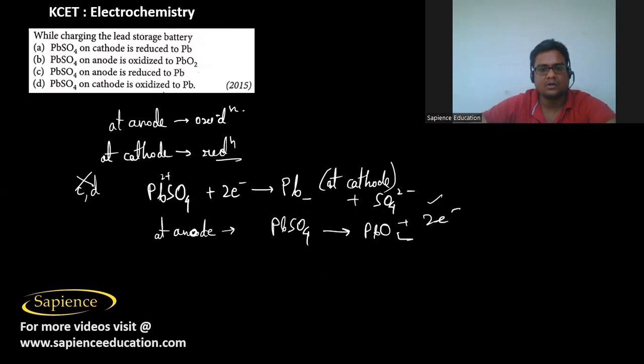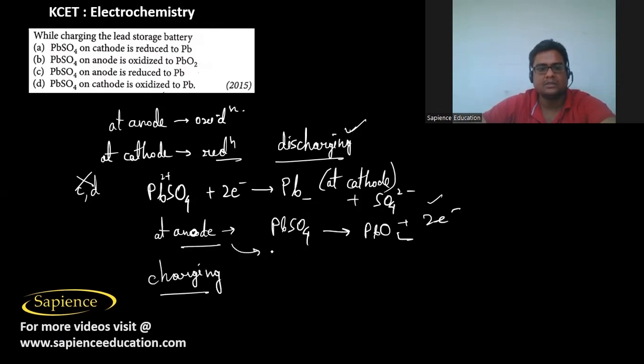charging, the opposite reaction will happen. While discharging or while in use, these two reactions will happen, and while charging, the opposite reactions will happen. It means that at the anode, the PbSO4 will be reduced to lead, and at the cathode, the PbSO4 will be oxidized to PbO2.